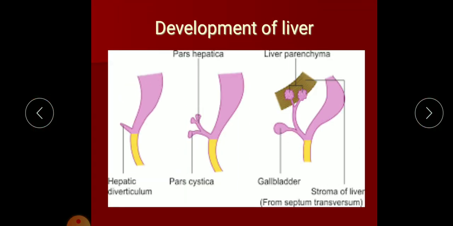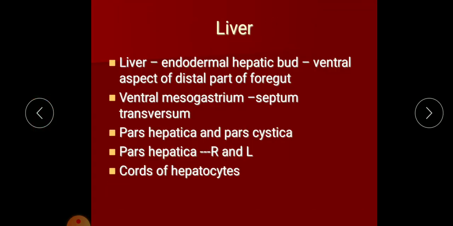Fine. So read that. The liver is an endodermal hepatic bud which arises from the ventral aspect of the distal part of the foregut. I've told you it is in the distal part of the foregut. It passes through the ventral mesogastrium to the septum transversum.